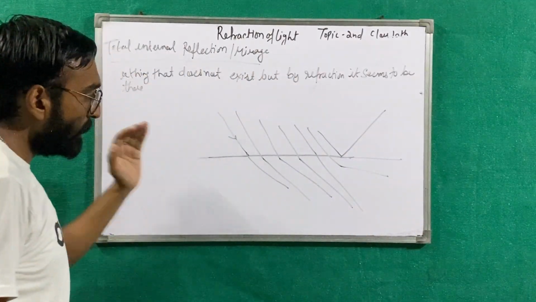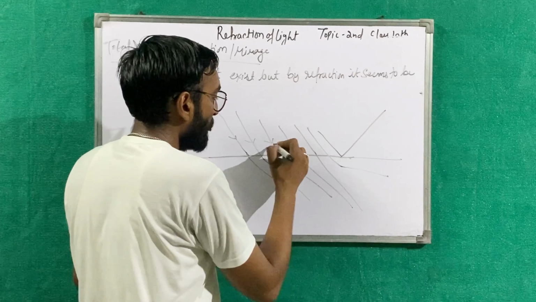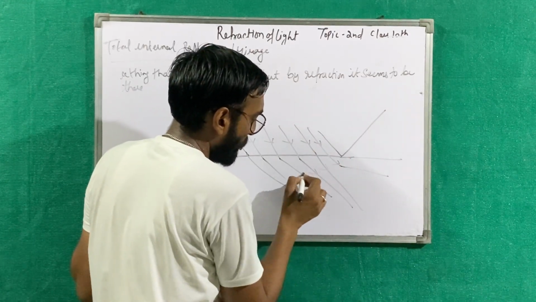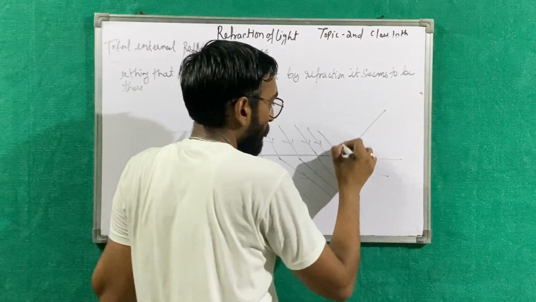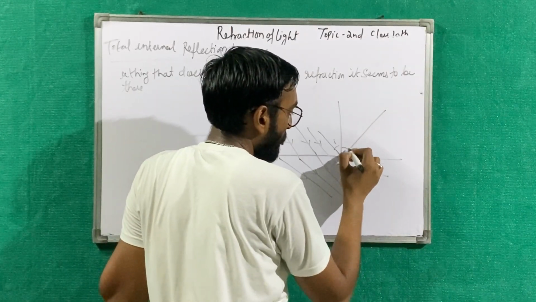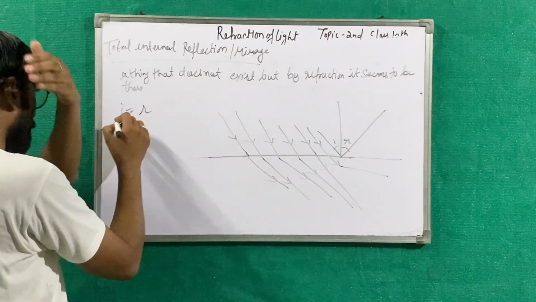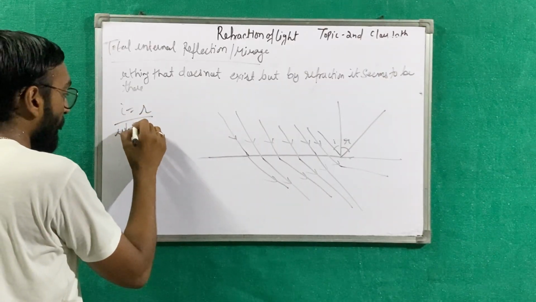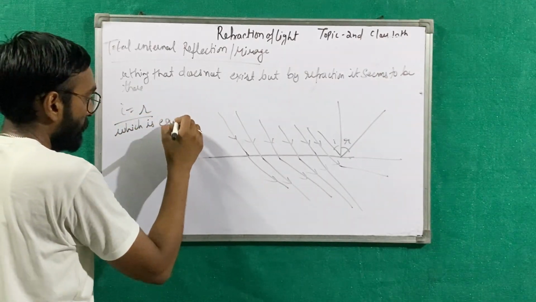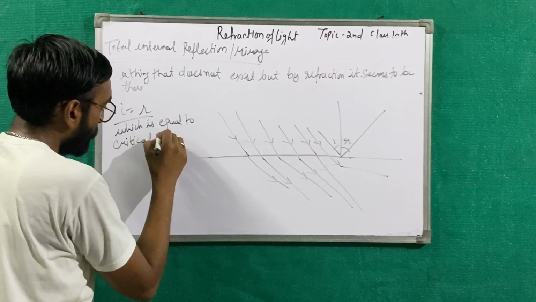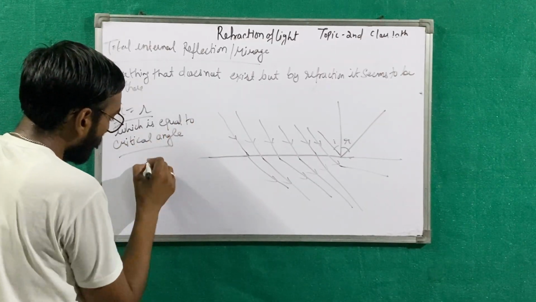It will not refract. It will reflect back in the same medium, where the angle of I will be equal to the angle of R, and that angle is equal to the critical angle, that is angle of C.